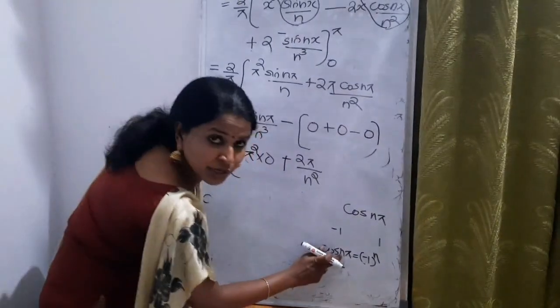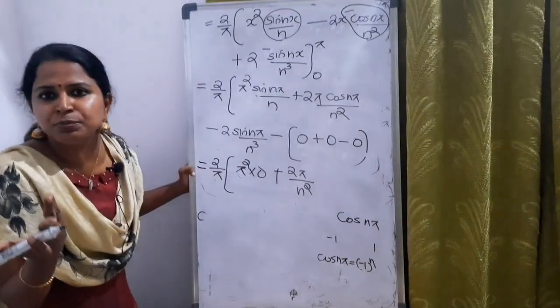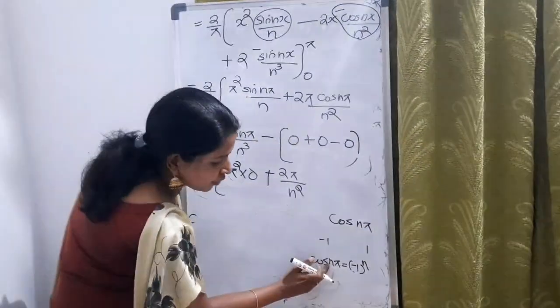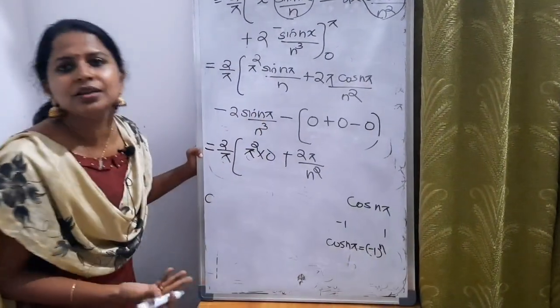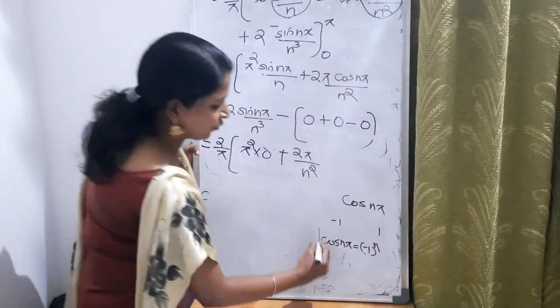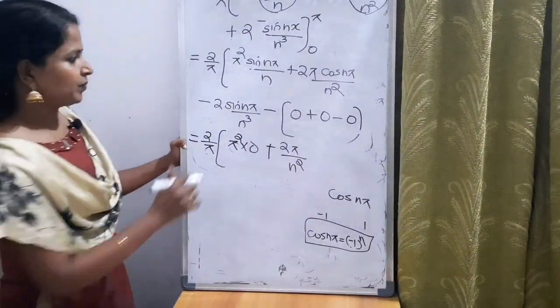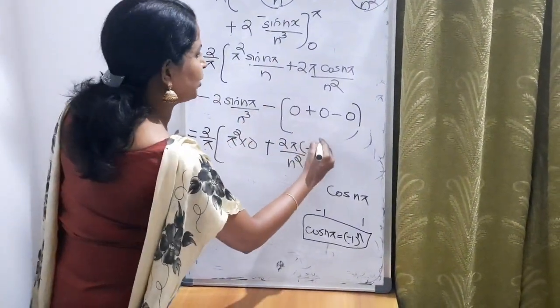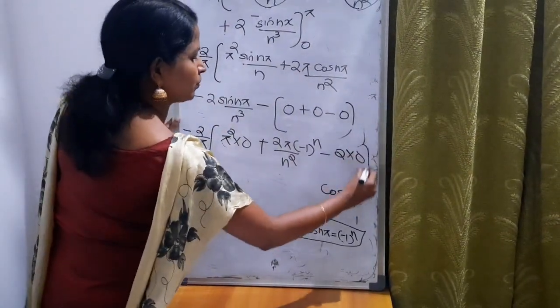Then put n equal to 2: cos 2 pi, here minus 1 square, is positive 1. Then n equal to 4: cos 4 pi, minus 1 raised to 4, again positive 1. So the general formula for cos n pi is minus 1 raised to n. Here minus 1 raised to n, minus 2 into sin n pi is 0.